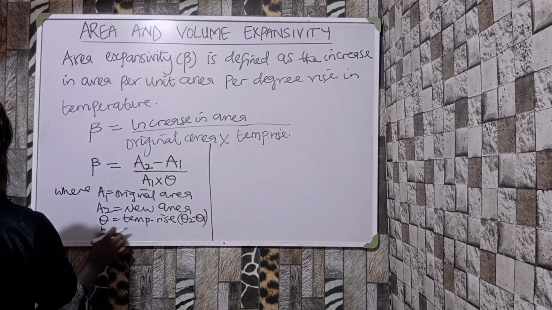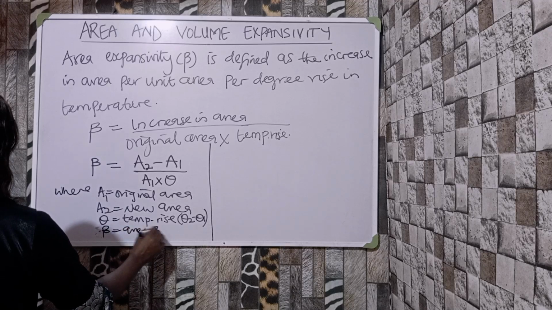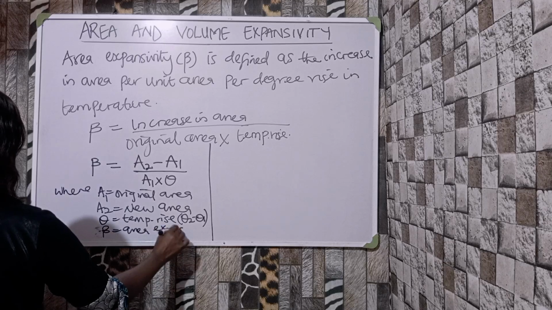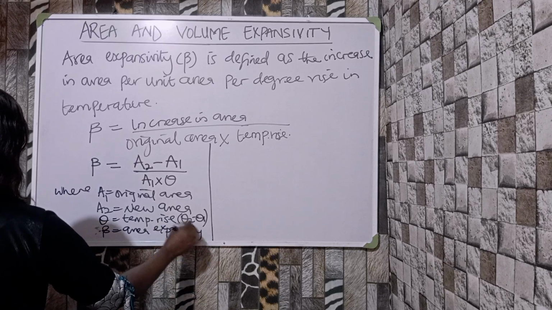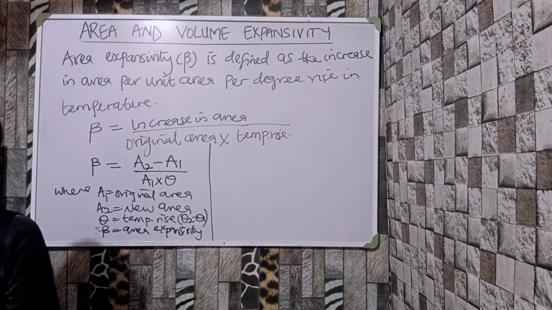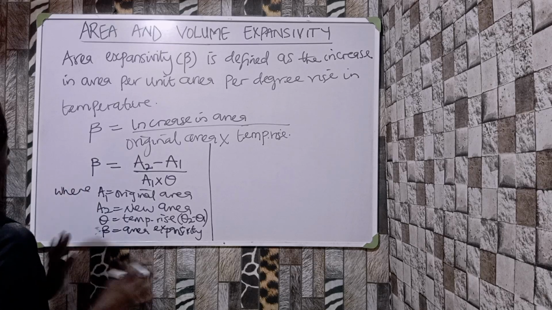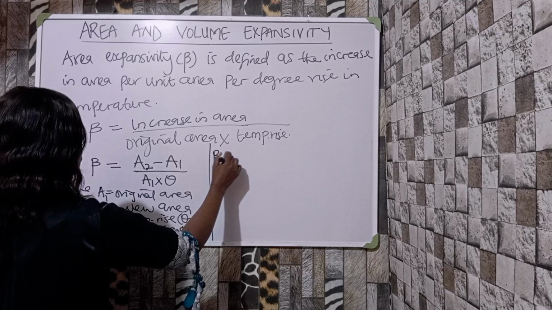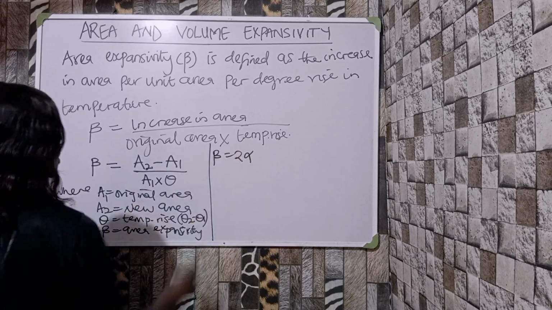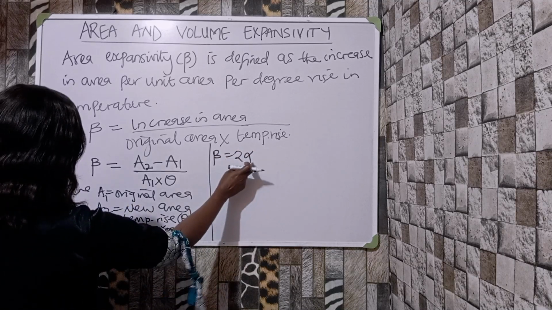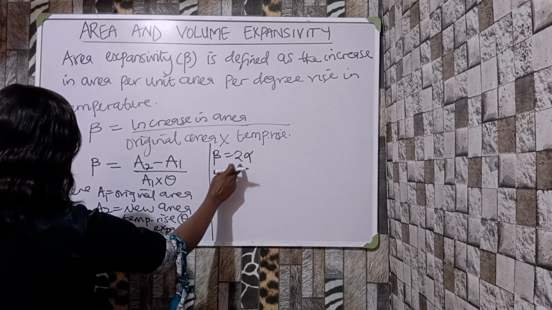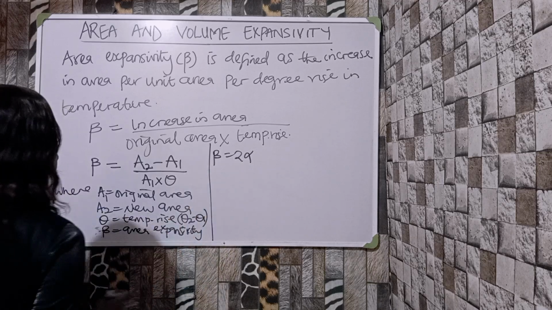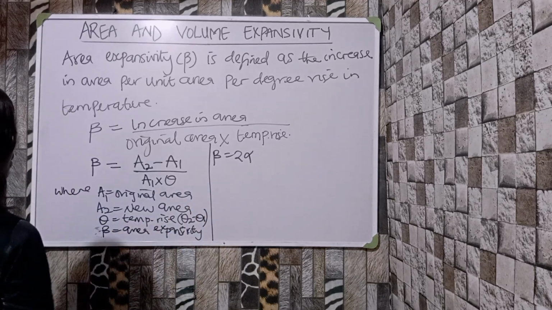But beta is the area expansivity. Okay, then remember that beta might not be given to you in a question, but beta is equal to 2 alpha. So it means if you are given linear expansivity, just multiply by 2 to get the area expansivity.